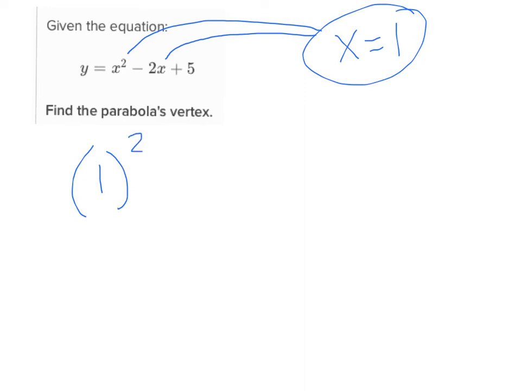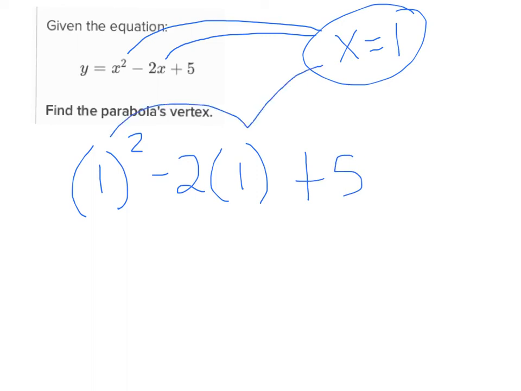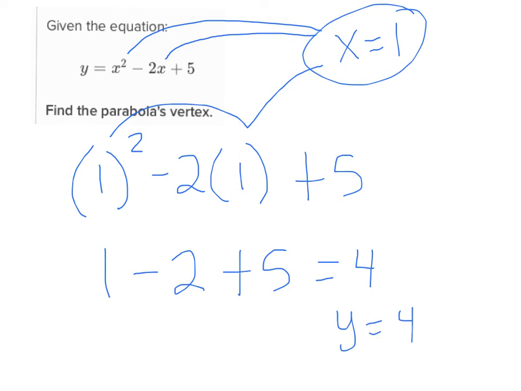So I have 1 squared minus 2 times 1 plus 5. See how I put 1 in everywhere there was an x. So 1 squared is 1, minus 2 plus 5. 1 minus 2 is negative 1, plus 5 equals 4. So my y value is 4. And so what we're saying is my vertex is at the point 1, 4.